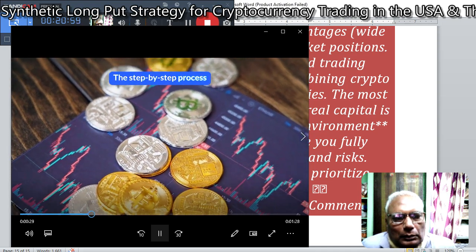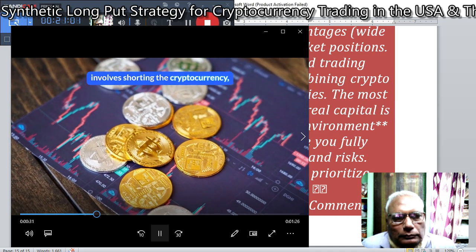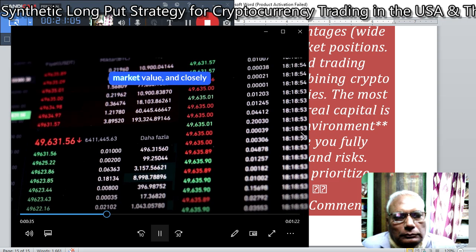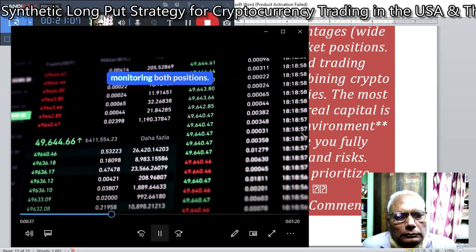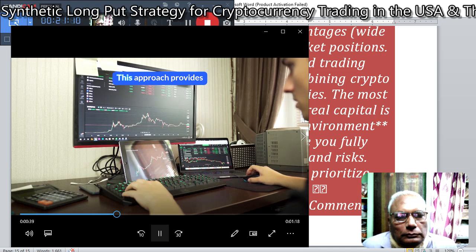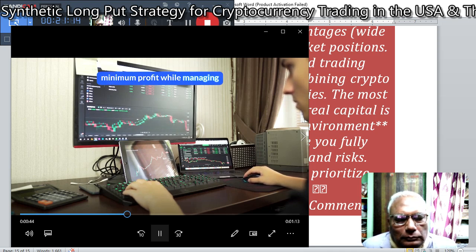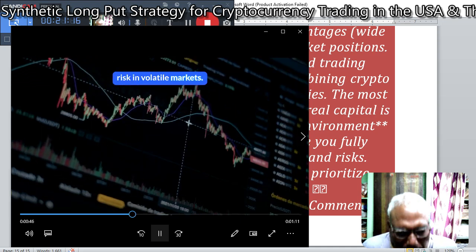The step-by-step process involves shorting the cryptocurrency, buying a call option with a strike price near the current market value, and closely monitoring both positions. This approach provides a structured way to achieve minimum profit while managing risk in volatile markets.